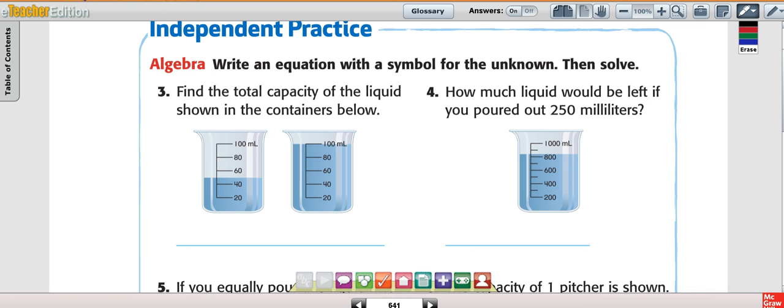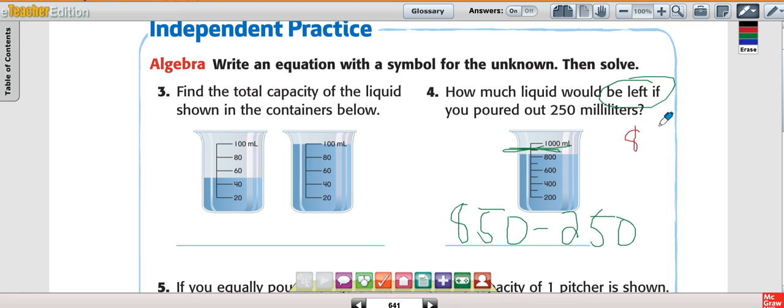Okay. However, number 4 says how much liquid will be left if you pour out 250 milliliters. So it looks like between 1,000 and 800, that's 900. But then it's between 900 and 800. Okay, that would be 850. So you have 850. When it says how much left, what operation am I going to use? Subtraction. Subtract 250.